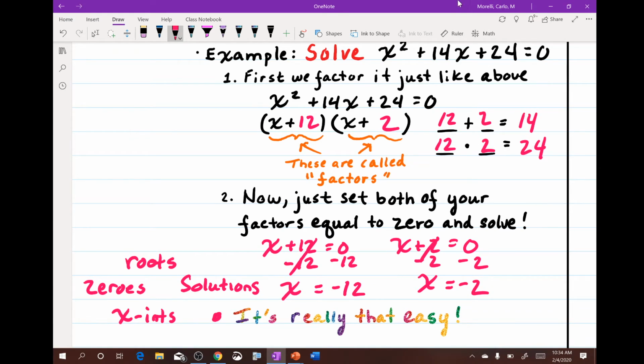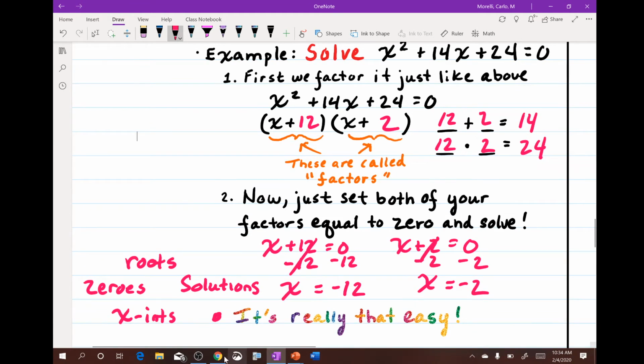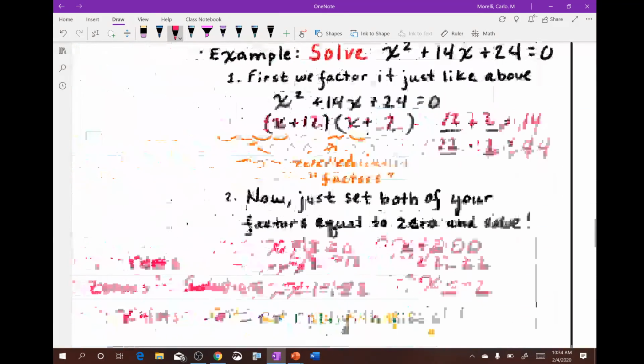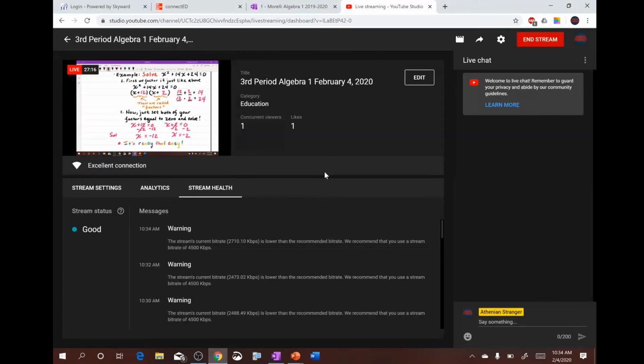This is something I want to teach you. So x squared plus 14x plus 24 was the original quadratic, right? Say it again, x squared plus 14x plus 24.